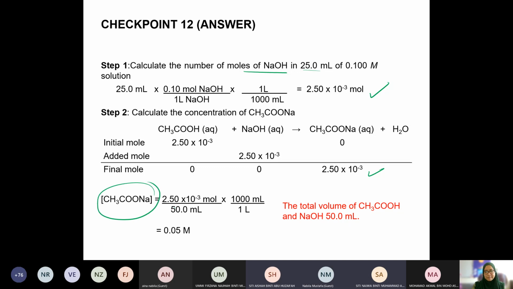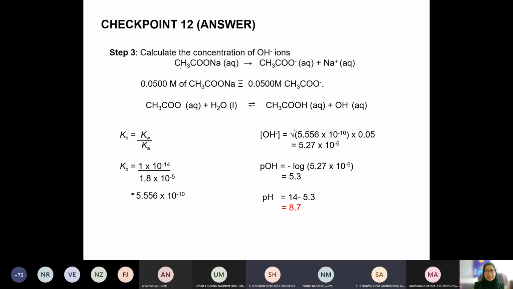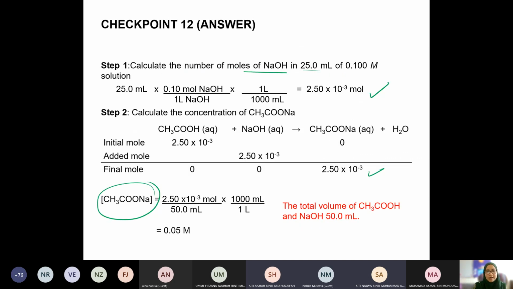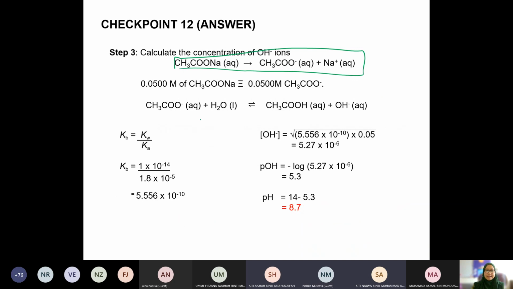So kita nak masukkan into this one just now. Kita sangkut sebab we need the concentration kan. So that is why I have to find out the new concentration. So you have to consider for the total volume. Total volume. Okay guys? Dah dapat? Dan the rest jadi macam auto lah.